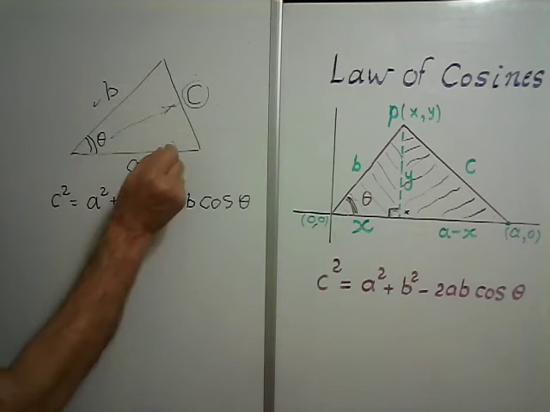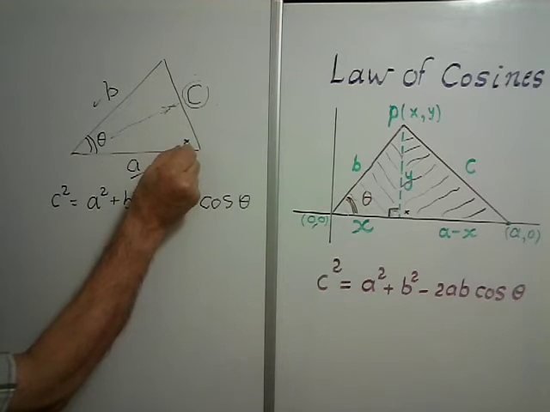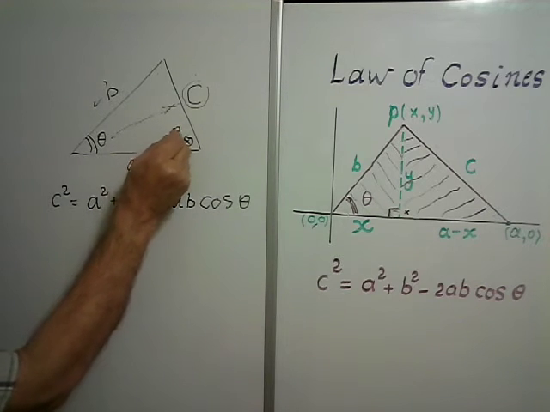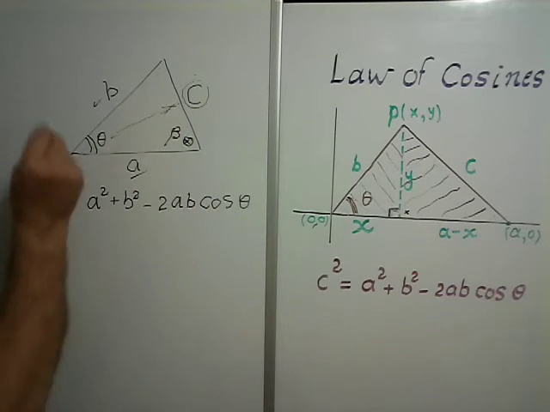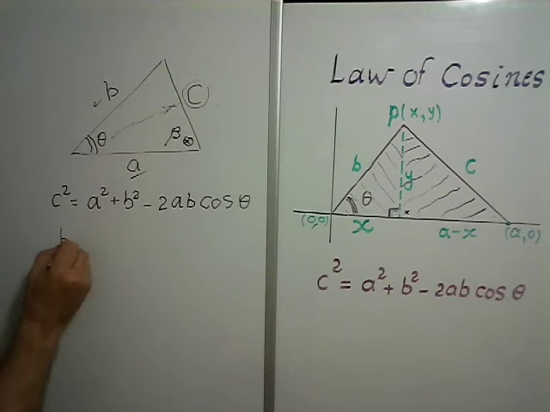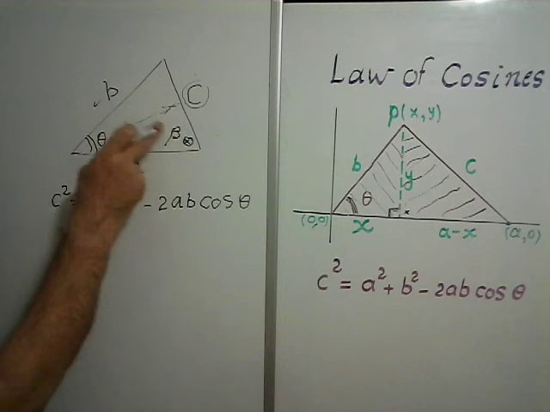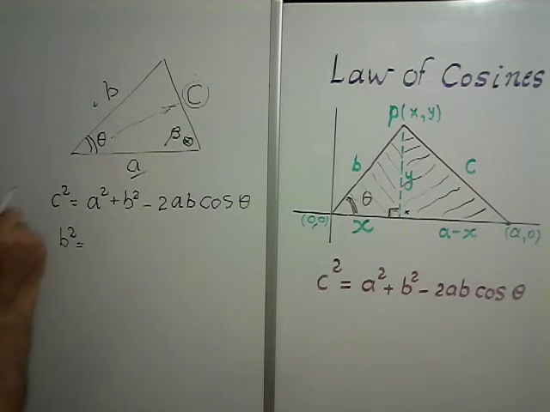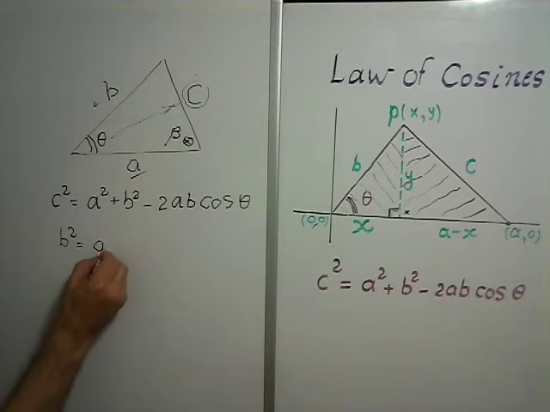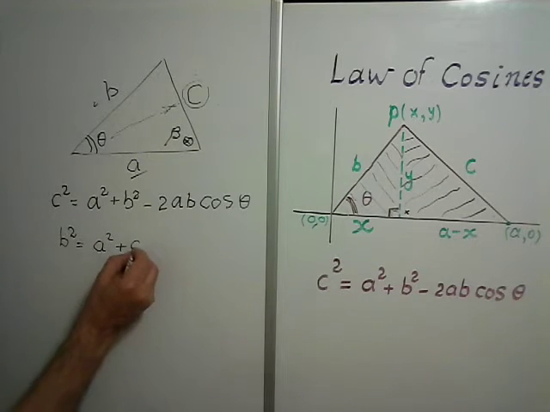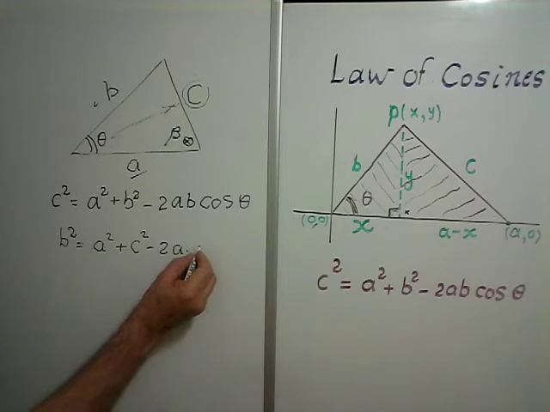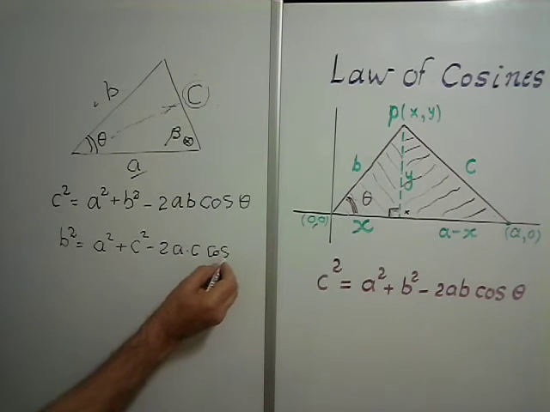Like here, if you want to see this angle here, let me say this angle is theta, so we can say b squared, the opposite of this angle, is equal to square of A plus square of C minus double A times C cosine theta.